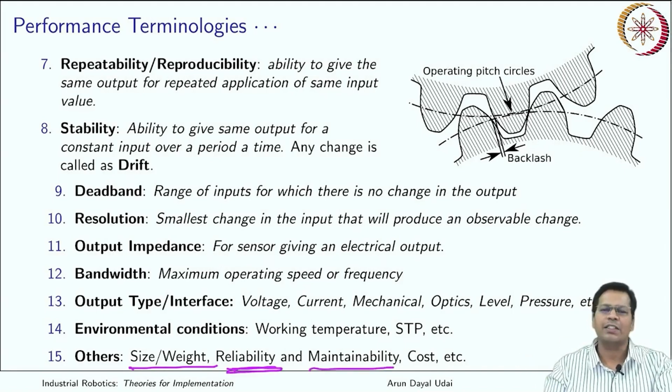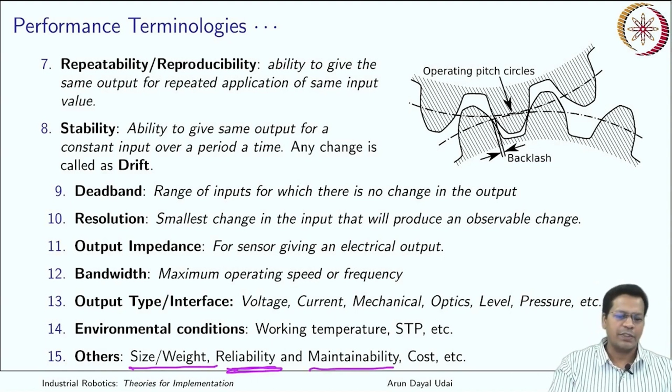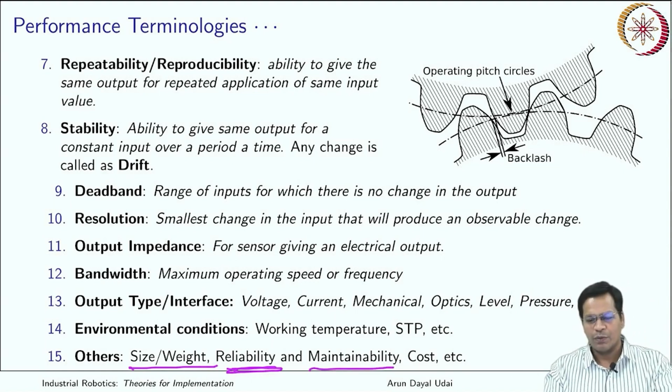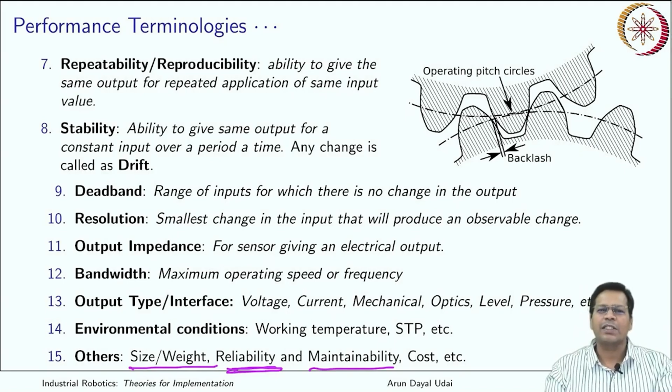Maintainability: let's say in case of a standard load cell, it needs calibration every 1 year. That is maintainability. Every 1 year you have to go for a test to get its calibration done, so that it gives you a similar value as it did when it was new. Then the cost.